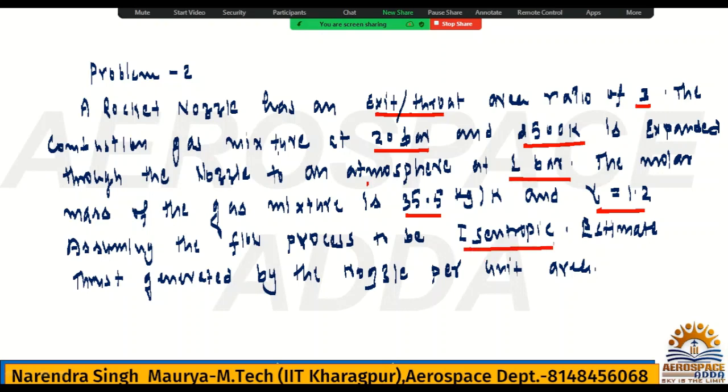Throughout the nozzle the flow is isentropic, so it means there is no shock formation. All right, fine.